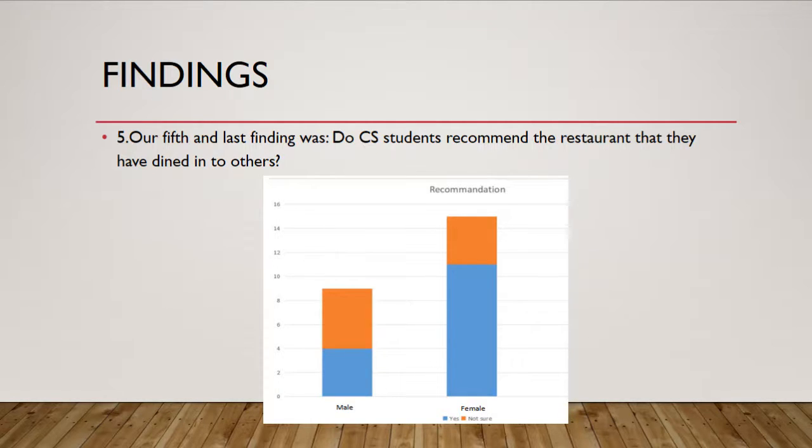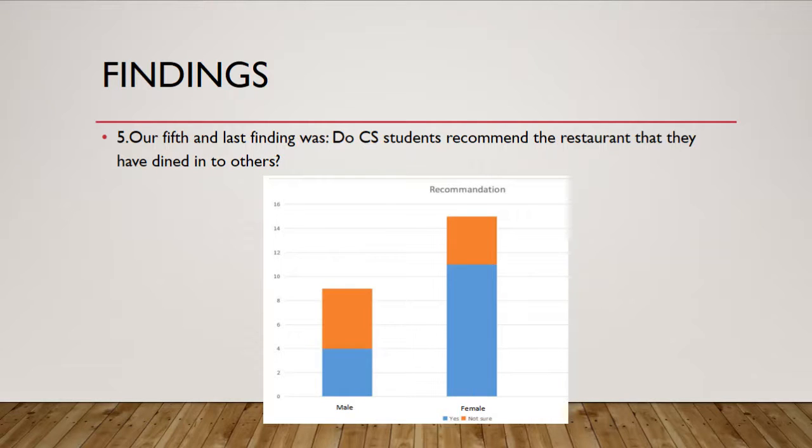Our fifth finding is: do CS students recommend the restaurant that they have dined at to others? We can see that most of them who recommend the restaurant are female, and most of them say yes, they want to share it.